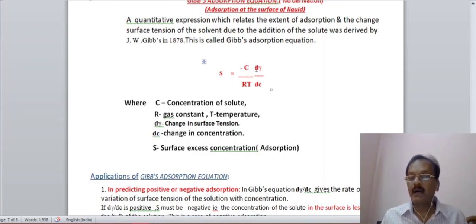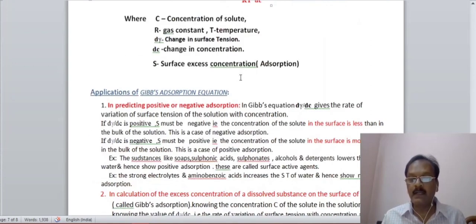If d gamma upon dc is positive, then S is negative, and you can say it is a negative adsorption. Once again, I'll repeat: if d gamma upon dc is positive, S must be negative, and the concentration of the solute on the surface is less than in the bulk of the solution. This is the case of negative adsorption. If d gamma upon dc is negative, S must be positive.